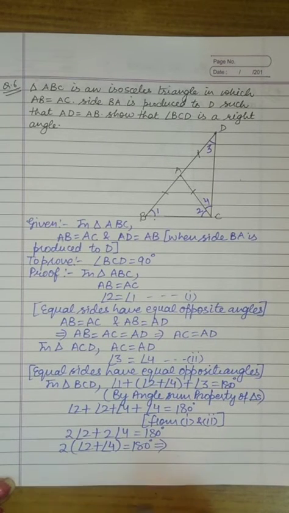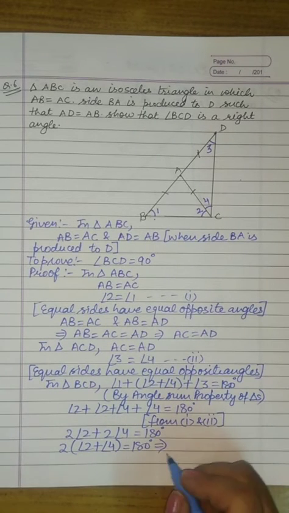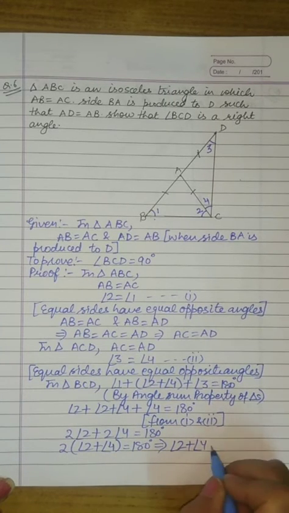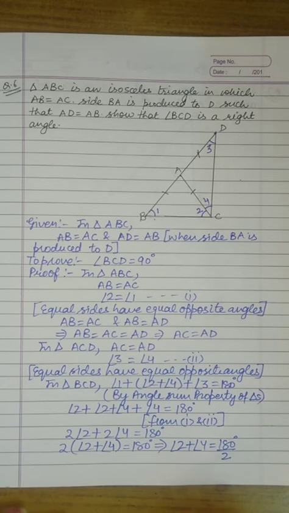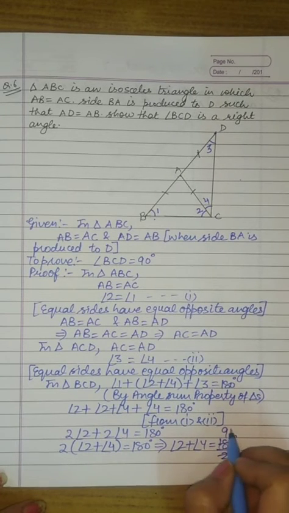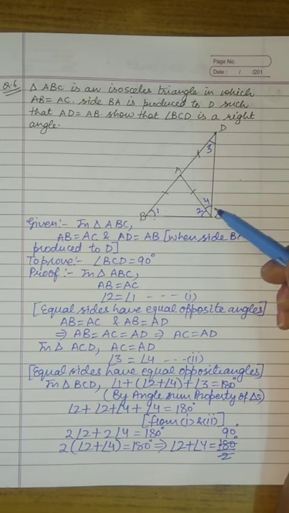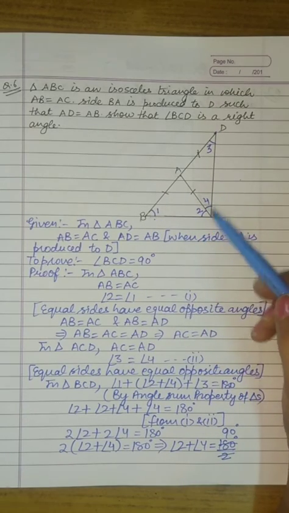So this 2 will be shifted to the other side and it will divide 180. So it will become angle 2 plus angle 4 is equal to 180 by 2, so it becomes 90 degrees. Now what is angle 2 plus 4? From the figure we can see angle 2 plus 4 is angle BCD.